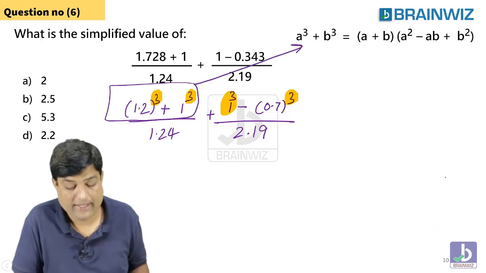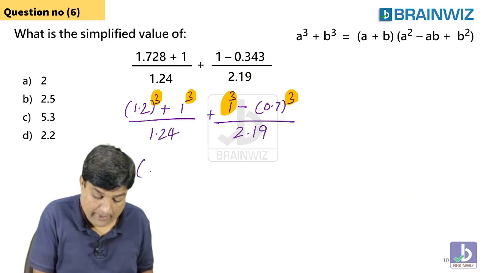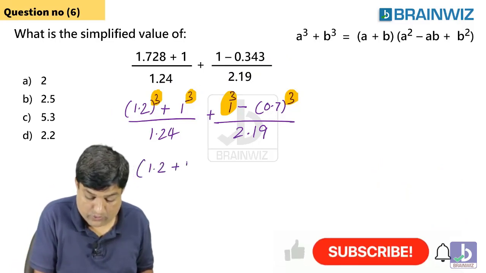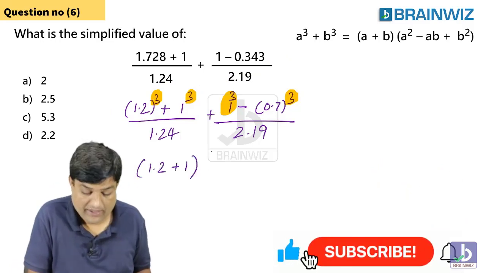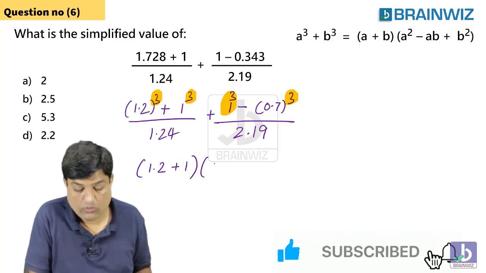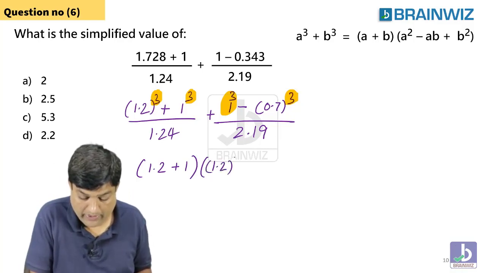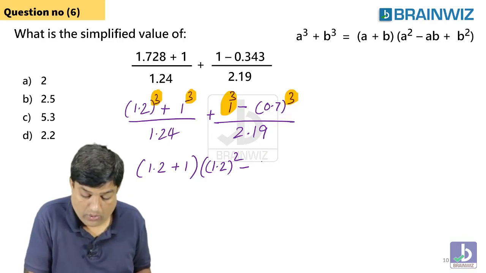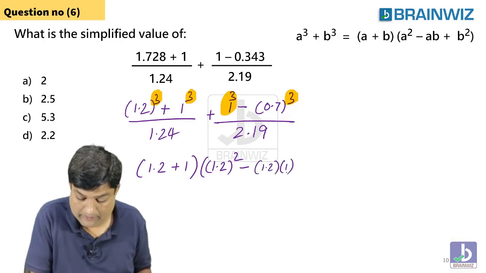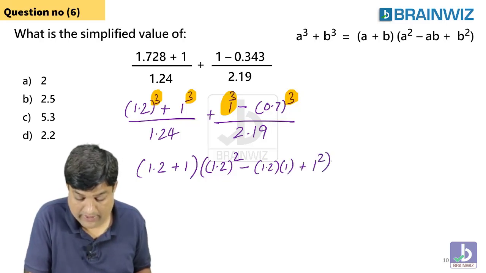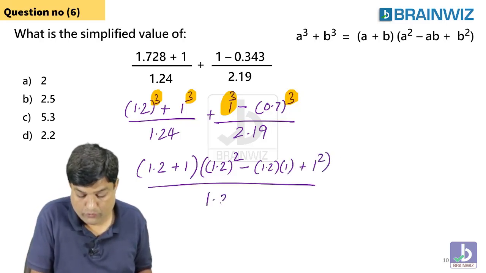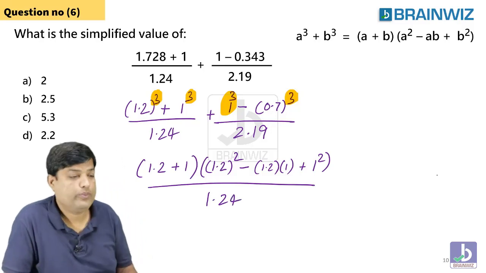What happens when you apply a plus b, 1.2 plus 1, into a square, 1.2 whole square, minus ab, ab is what? 1.2 into 1, plus b square, that is 1 square. So divided by 1.24.